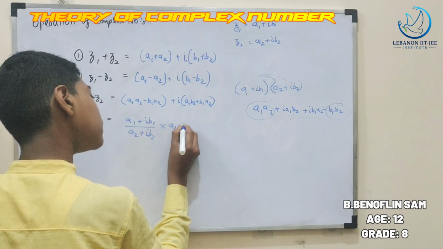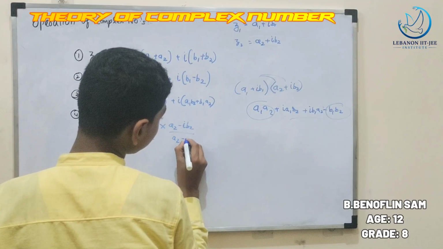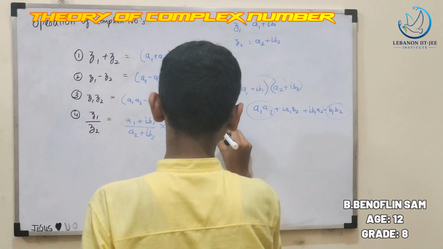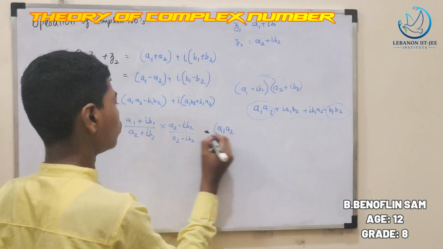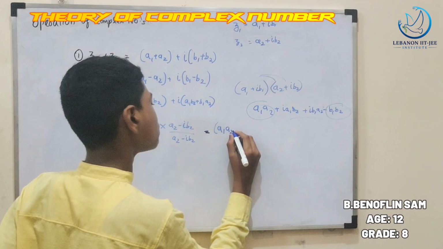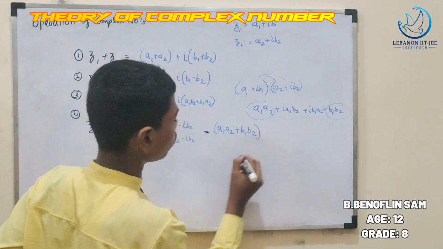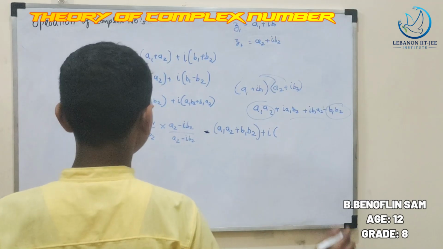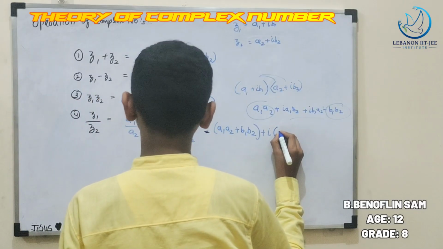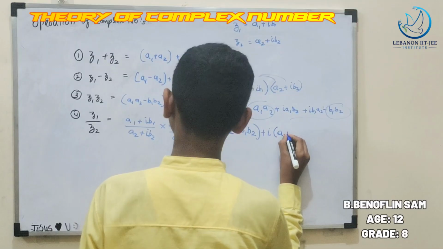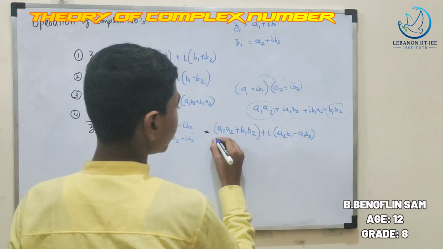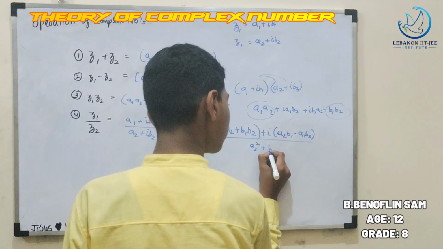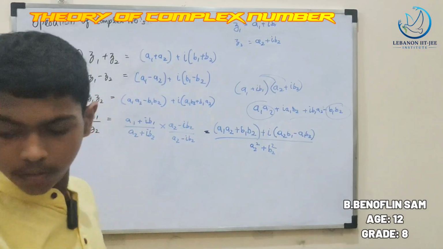If you multiply a2 minus iota b2 on numerator and denominator, we get a1 a2 plus b1 b2, plus iota into a2 b1 minus a1 b2, by a2 square plus b2 square. That's the formula for this.